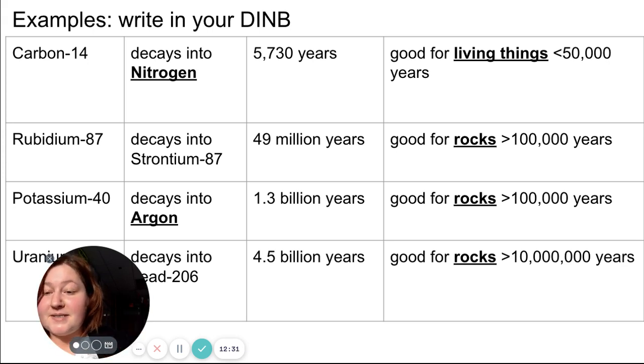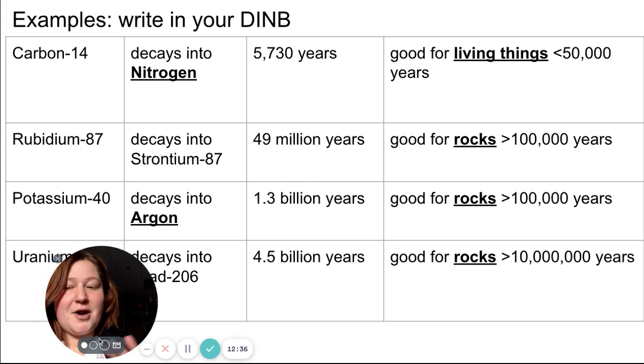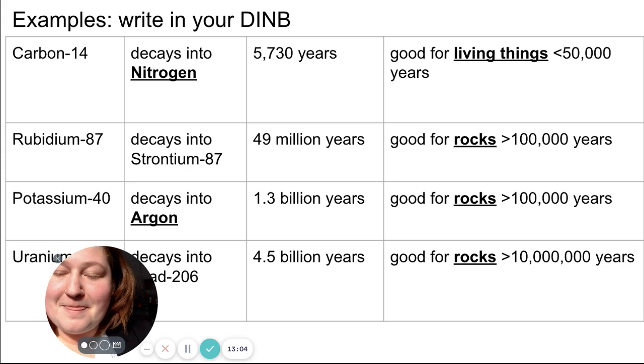Now we're going to talk about some examples that we use for rocks, because, as we said, carbon isn't really a good way for us to determine the age of rocks, and rocks can be a lot older than fossils of living things. So the first element that we use to help determine the age of rocks is rubidium. It's hard to pronounce, but rubidium-87, and this decays into strontium.